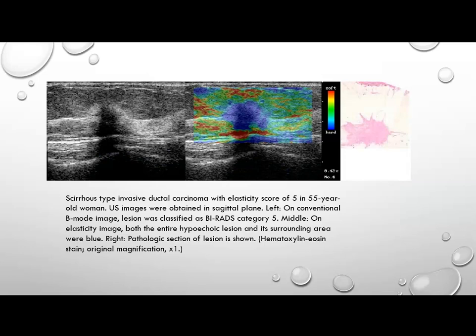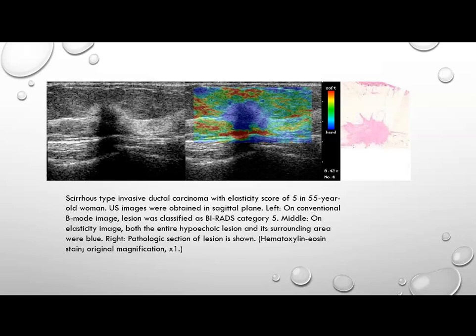This is a breast tumor on a 55-year-old woman. So this was a very concerning breast lesion. It's taller than wide, so that's usually not a good sign for breast lesions. And it has what appear to be spiculations off of it.